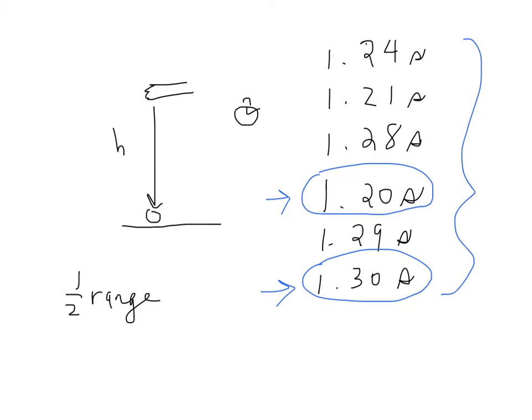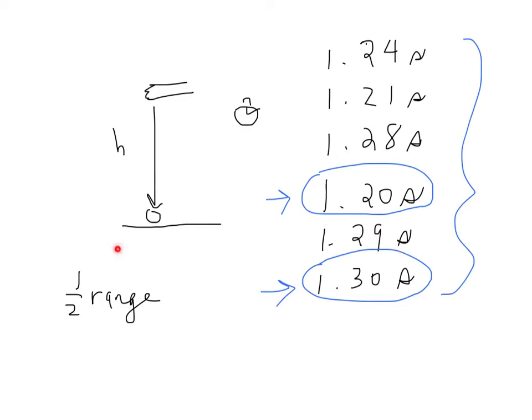So I say the measurement of time that I have from this data is, let's say, the average, okay? 1.25. And if that's my average value, then the uncertainty would be plus or minus 0.05, right? Because 1.25 plus 0.05 gets me to the max, and 1.25 minus 0.05 gets me to the min.